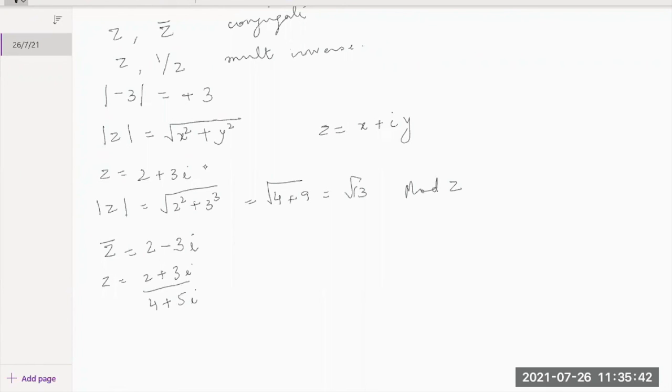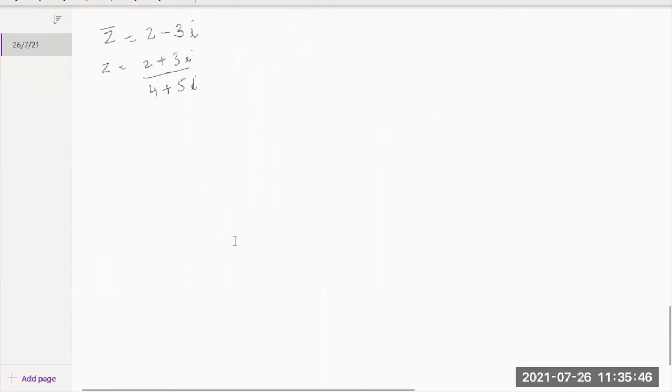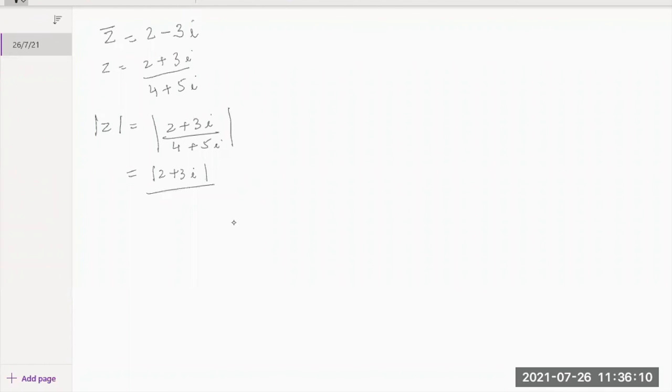So if I have to talk about mod z in this particular case, I'm going to write it as mod of 2 plus 3i over 4 plus 5i, and this can again be split up: mod of 2 plus 3i separately and mod of the denominator separately.